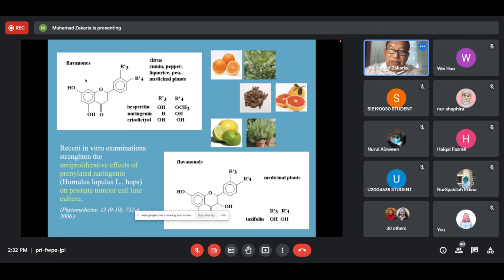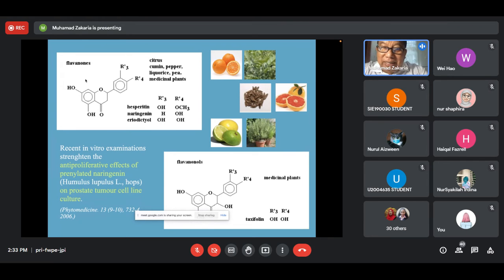The flavonoids are found here. If you look at these oranges and grapefruits, the flavonoids are found inside the skin of these oranges, not in the fruit content. In the skin, not in the flesh.